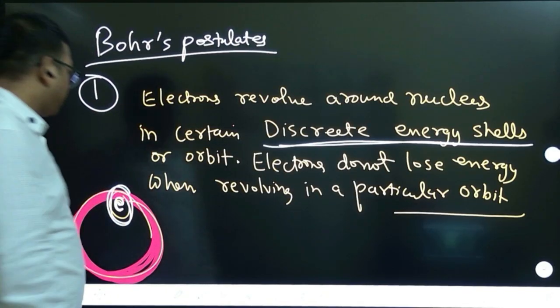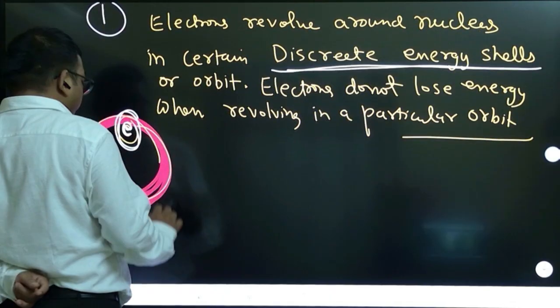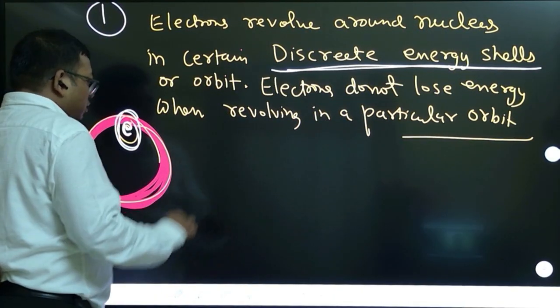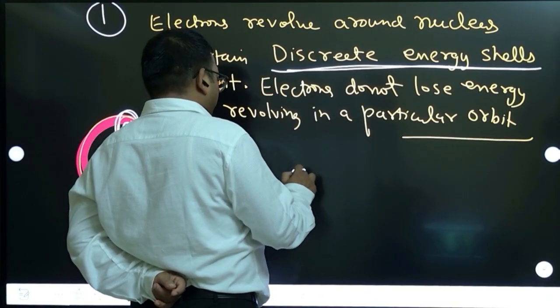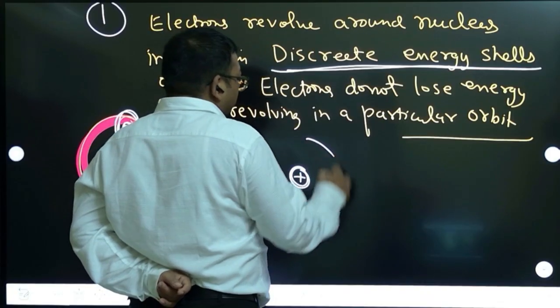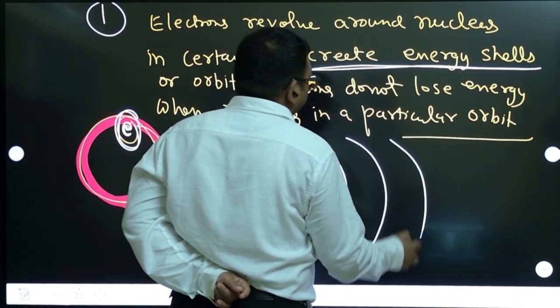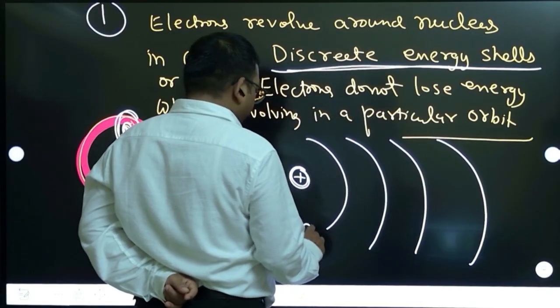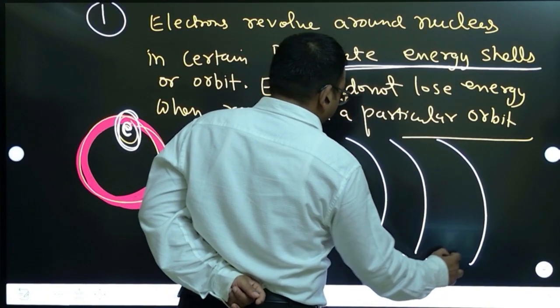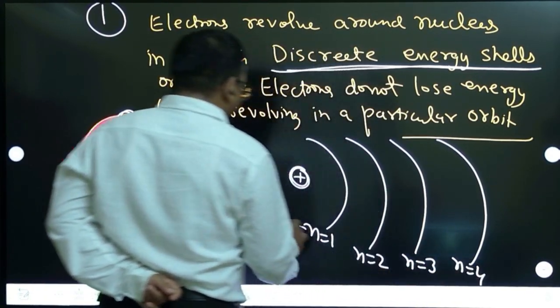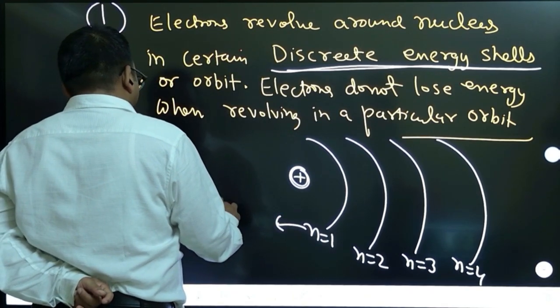So he says that electrons can revolve only in certain discrete orbits. Suppose this is the center of the atom. There are different orbits, which are different energy levels, starting from n equal to 1, n equal to 2, n equal to 3, n equal to 4. This is called the principal quantum number.